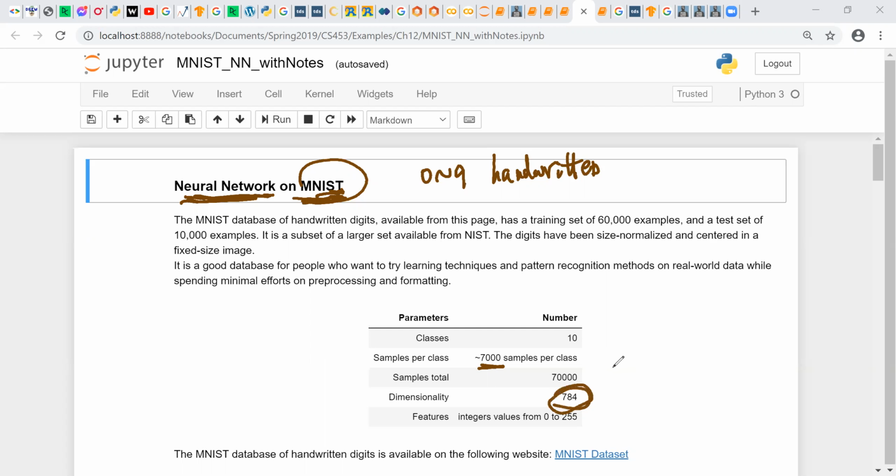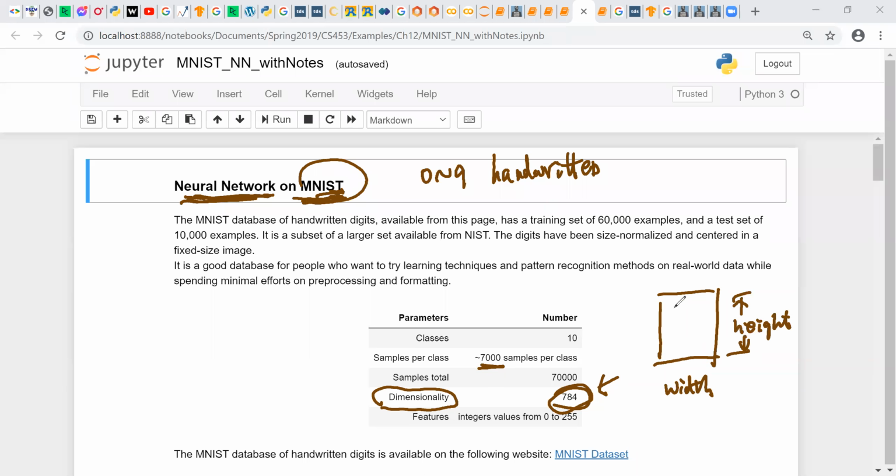Who remembers what this 784 dimensionality is? For each image, you have width and height, with all sorts of pixels.